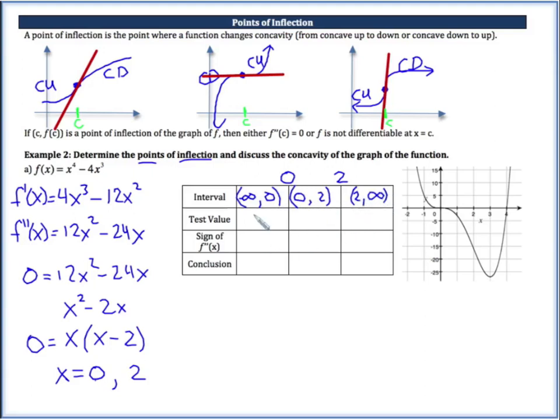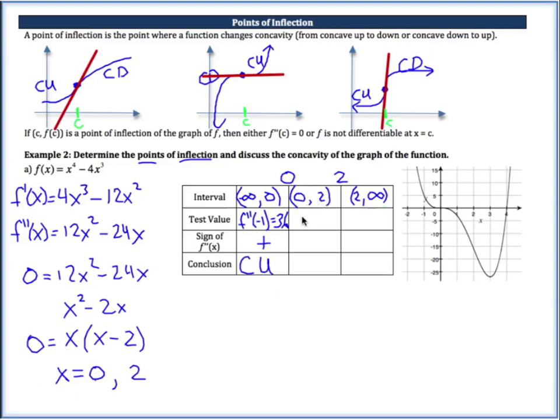We'll pick some test values here. Let's try negative 1. Negative 1 squared is positive, times 12 is 12, minus 24 times negative 1, so that's plus 24, and so that is 36. We get a positive second derivative, so the conclusion is concave up.